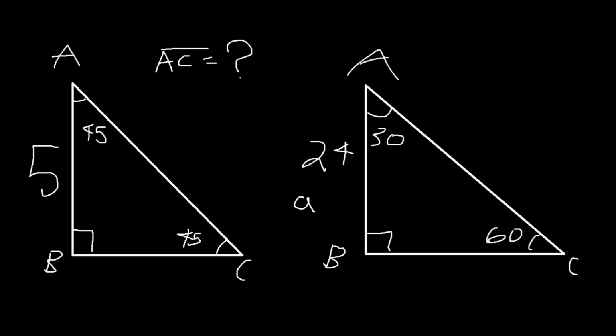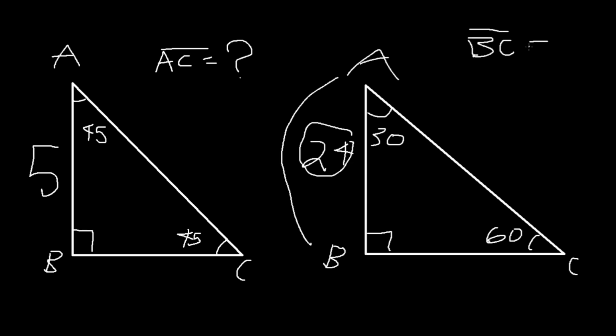So, we are first given that AB is equal to 24. And let's say for this one, let's find BC. We know that BC is equal to a, and that side AB is equal to a radical 3 based on the ratios.